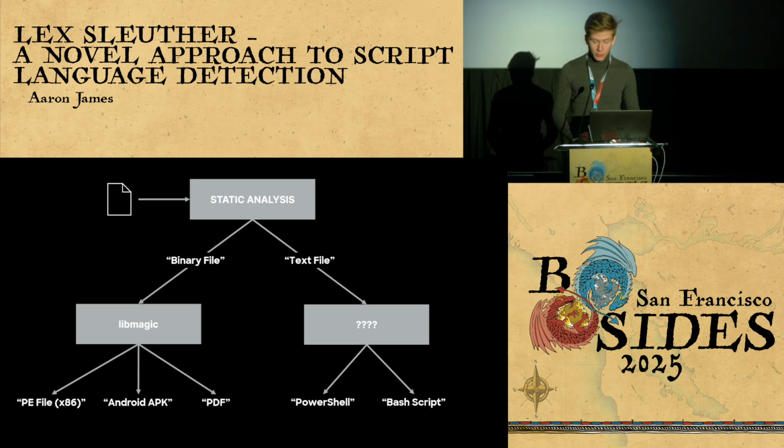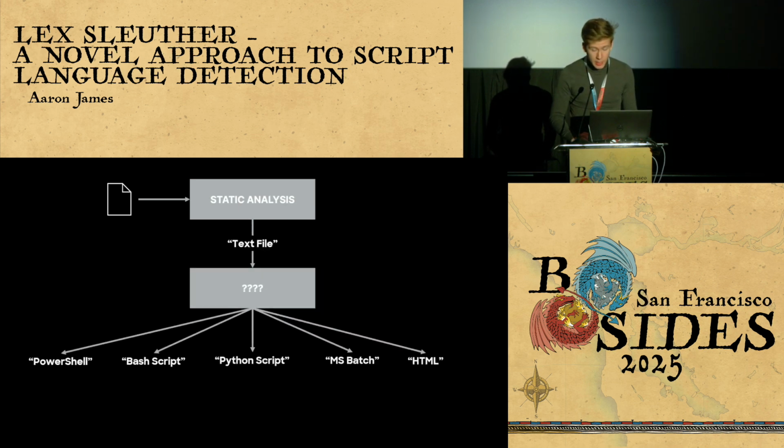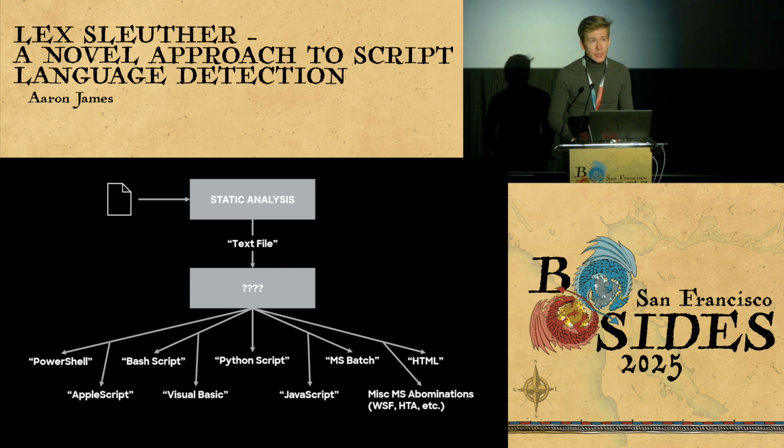If we don't have the name of the file, if we don't have the file extension, what tools are at our disposal to tell PowerShell from, say, a Bash script? That's a rhetorical question. If those were our only two options, we could probably come up with a simple heuristic, but unfortunately, malware is a diverse genus. If you pick randomly, you're probably going to get it wrong.